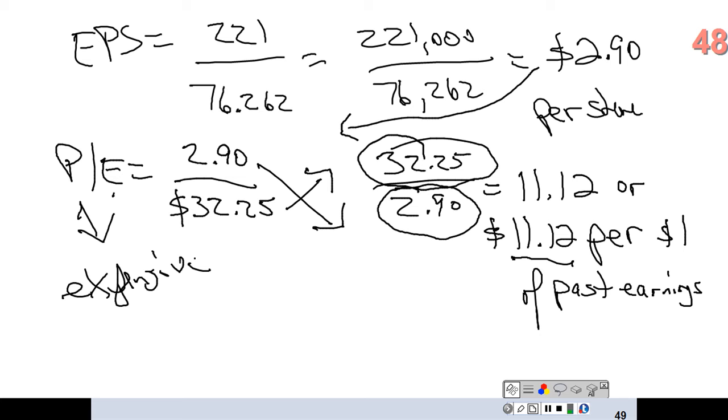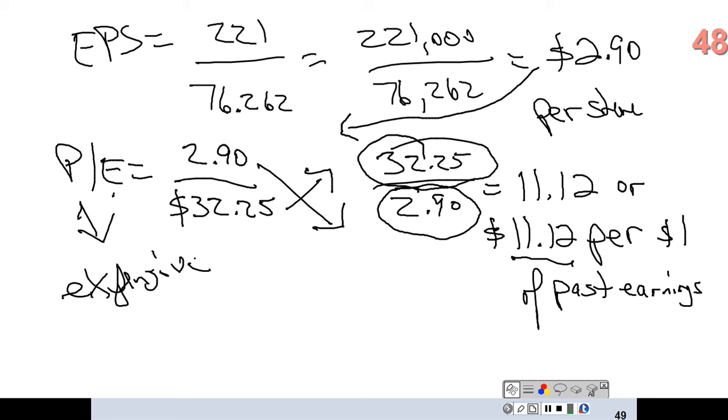Now, with some goods, you know whether they're expensive or not right away. For example, if I walk into a clothing store, and there's a table of socks at the front door, and there's a sign on the table that says socks, $100 per pair. Automatically, I know those are some very expensive socks. But if I look at a share of stock and it says it's $100, I really don't know if that's expensive or not.